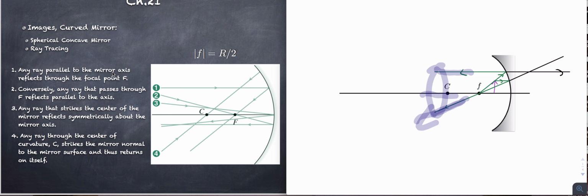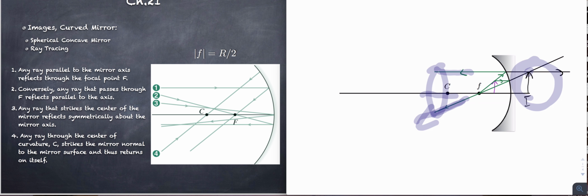And then we see we get the intersection point over here, and we get an upright image. So this image is magnified, it's upright, but it's virtual. And it's virtual because it's behind the mirror, right? So it lives in, if you want, like mirror land or something, behind the mirror.